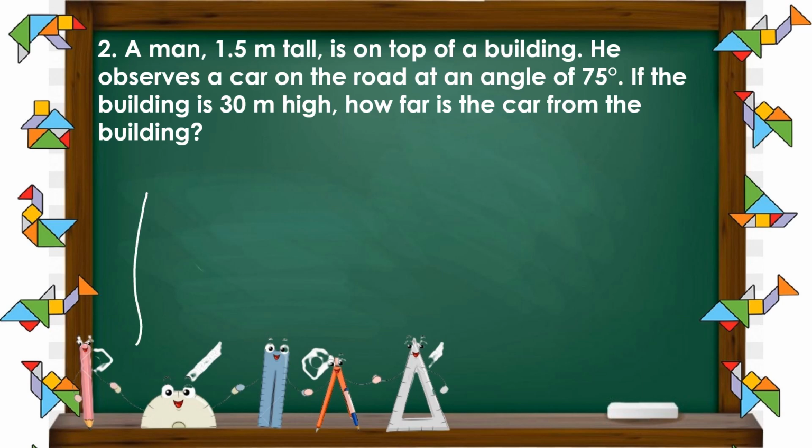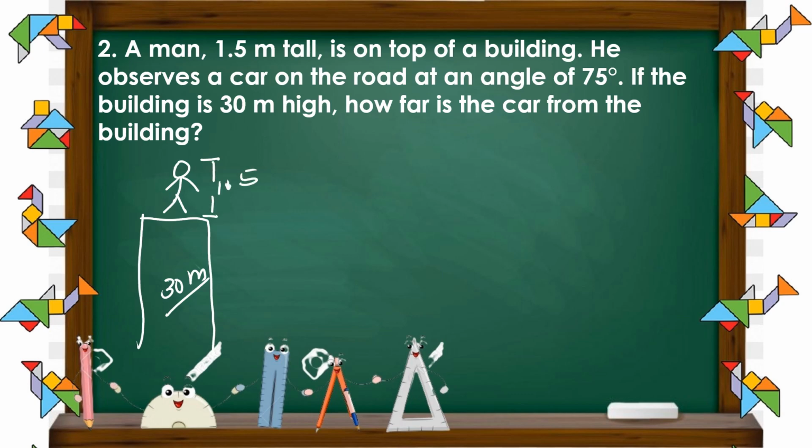So we have here a building. Sorry for my illustration. We have a building here which is 30 meters high. Then we have another person here which is 1.5 meters. And then we have an angle of depression which is 75 degrees.